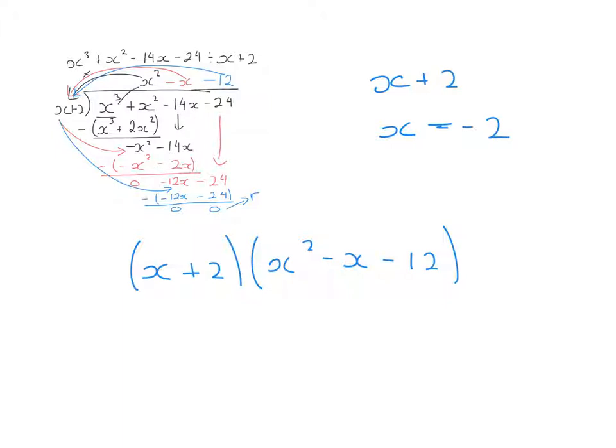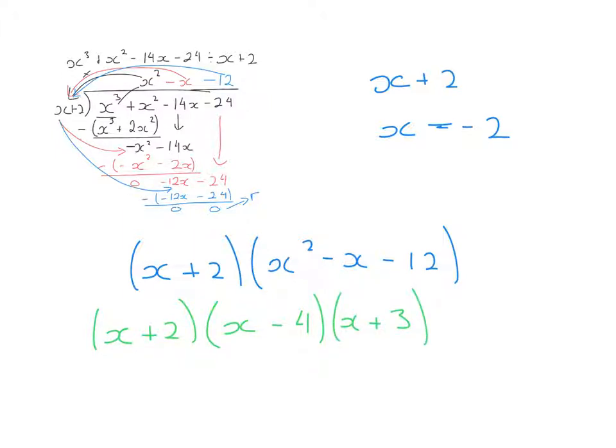I can now look at this quadratic factor and say, well, hold on a second, I know what the factors of that are. So I rewrite the original x plus 2, that's already proven to be a factor. Now x squared minus x minus 12, factorizing by sight, should be factorizable into two linear factors as well.